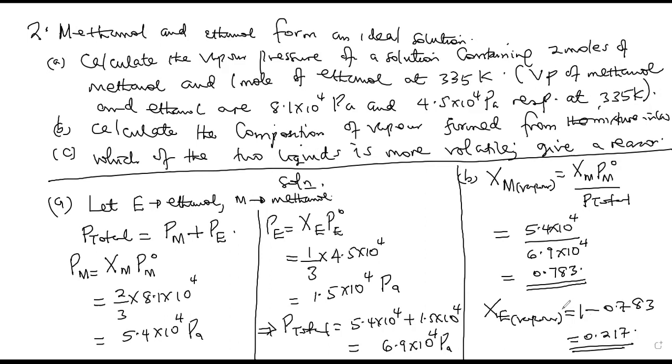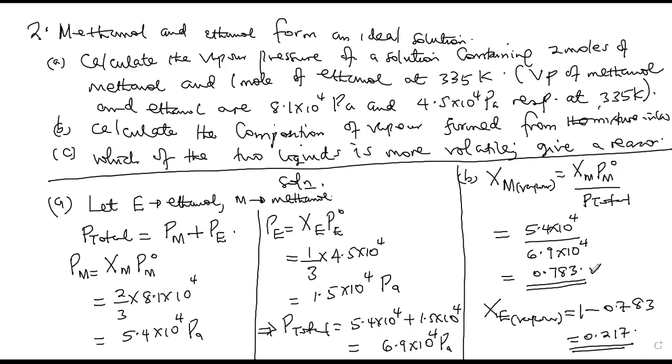Then part C, which of the two liquids is more volatile? It is methanol. You're going to conclude that methanol is more volatile because it has a higher composition in the vapor phase. We deduce the volatility of a component by calculating its composition in vapor.